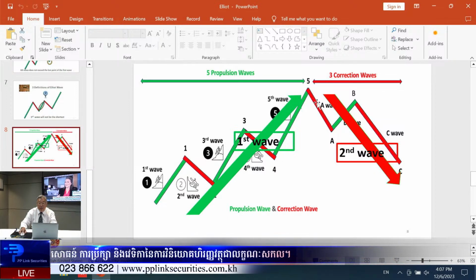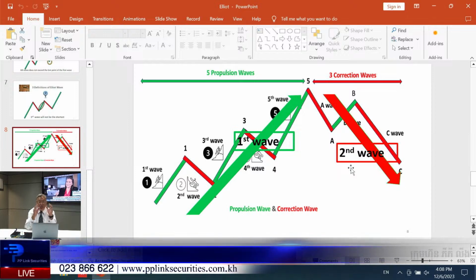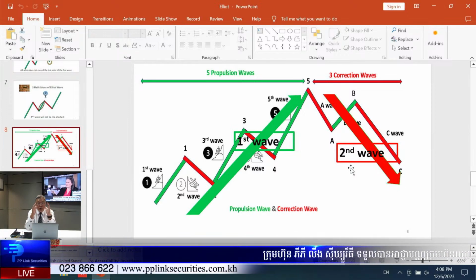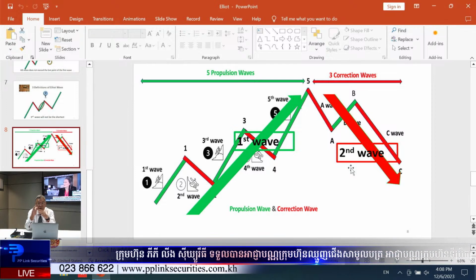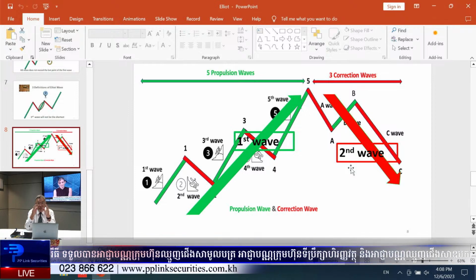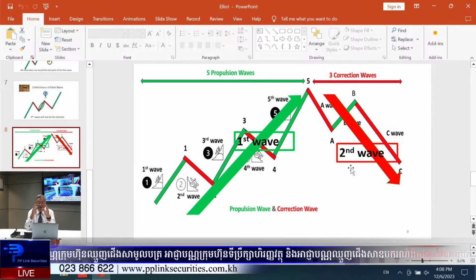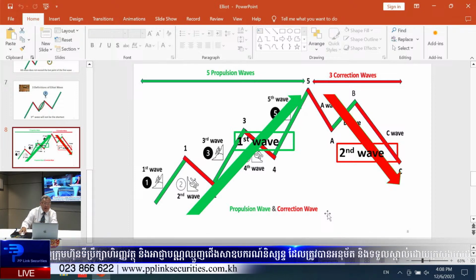And then even though we have 3 ABC lines, okay, we can treat this as a second wave. So you can switch your time frame according to your strategies. So depending on your strategies, you can apply a lot of time scales, multi-time scale. I can say this is multi-time frame chart analysis, okay?